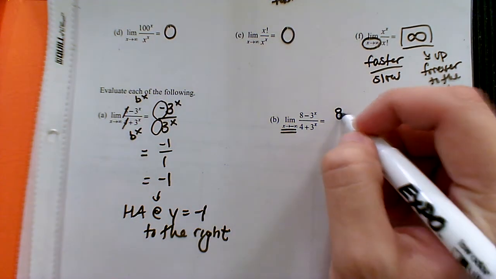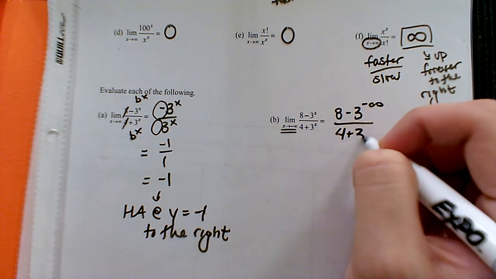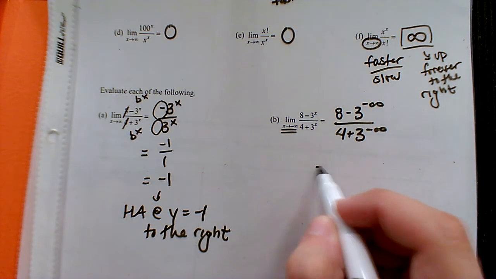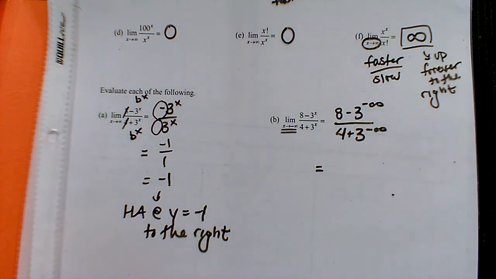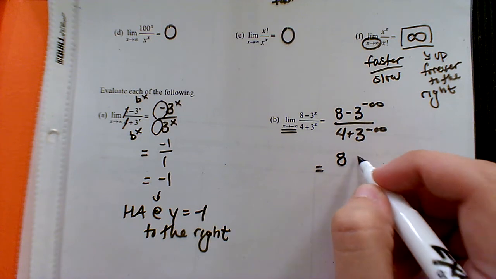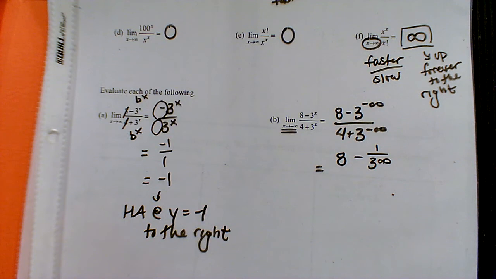But if you thought about actually plugging in negative infinity into this limit, that's going to change some things because we have a negative power now. How can we change a negative power to positive? Yeah, you can change a negative power to a positive power by flipping the location in the fraction.